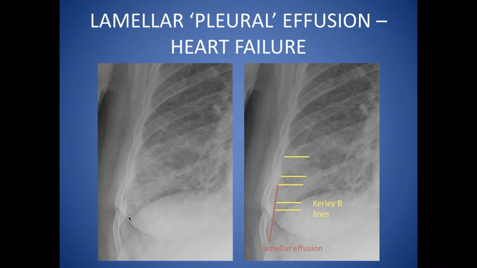If you imagine that the visceral pleura is welded to the lung, there's a potential space between the lung and the visceral pleura. In that potential space, the septa move in, causing a lamellar effusion. So it's not really in the pleural space, it's in the space between the visceral pleura and the lung. And it's a very important pathognomonic sign of heart failure.